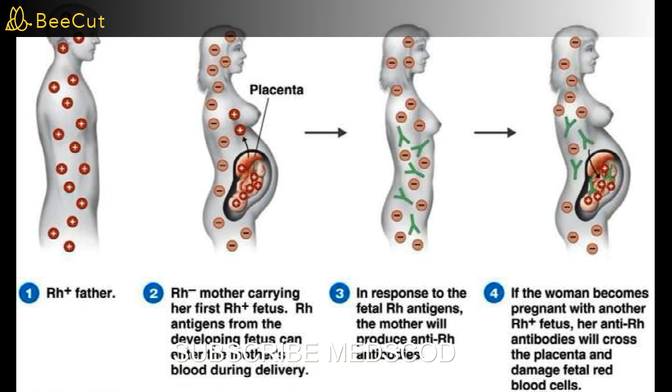This antibody formation can happen after blood transfusion or when fetal blood enters the mother's circulation. This is the only time that this antibody will activate and start reacting against the baby in the womb.